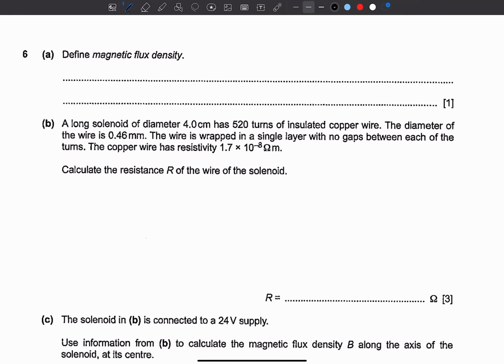Okay, question 6, define magnetic flux density. So we start off with the formula F equals BIL, rearrange it to get B equals F over IL.